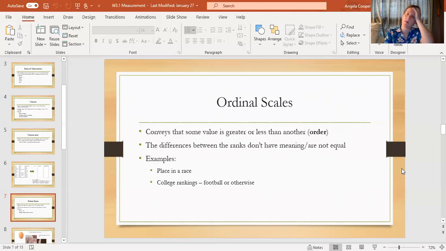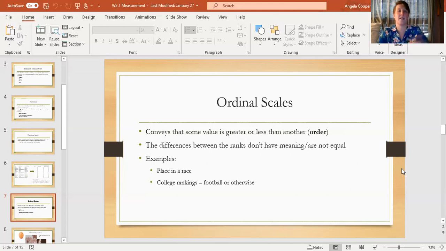But let's say that you run a mile in 7 minutes. Second place, maybe they're right behind you. They come in at 7 minutes and 2 seconds. Ordinal scales is saying that, okay, third place doesn't have to come in at 7 minutes and 4 seconds because the distances between the ranks aren't equal. So sure, first place was 7 minutes, second place was 7 minutes and 2 seconds.